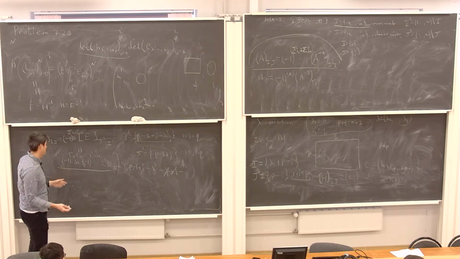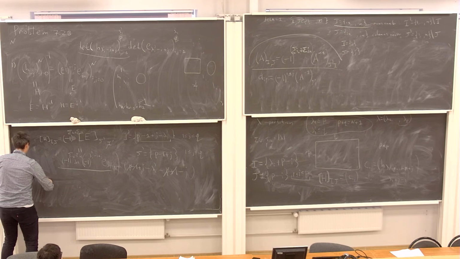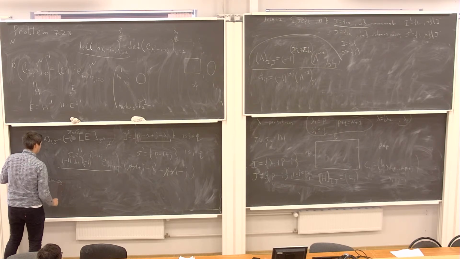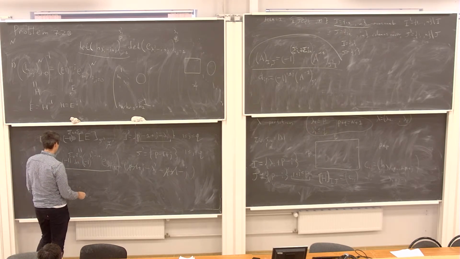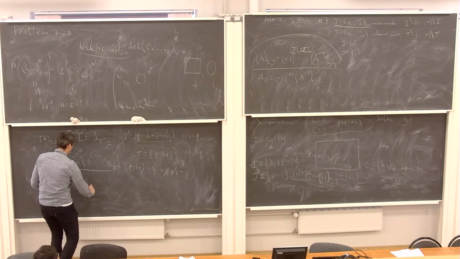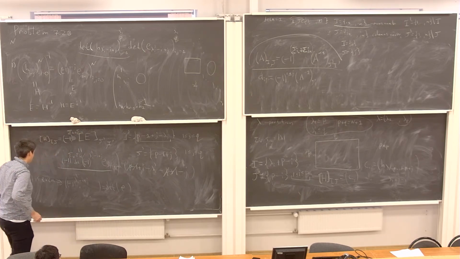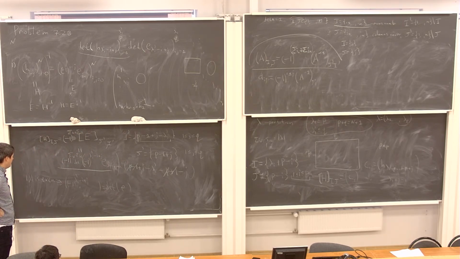This is the claim. So the claim is, if lambda is even, hence the determinant with the sign (-1)^(lambda_i' - i + j) is equal to the determinant without sign. Let's try to understand this.